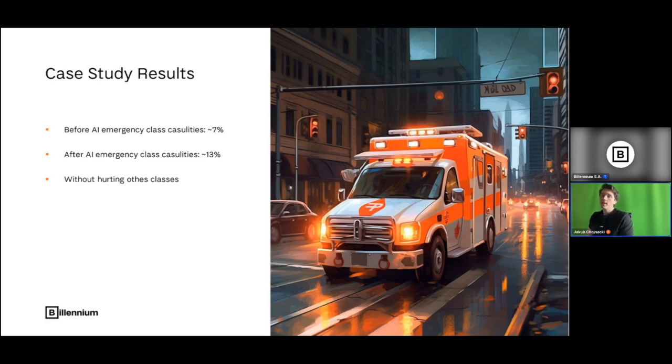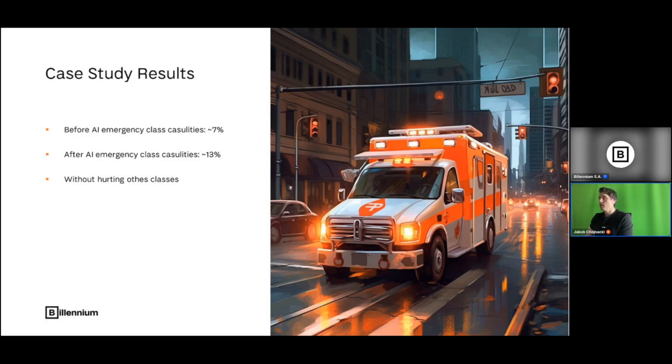And so the case study resulted in the fact that before the AI emergency casualties, the survival rate for the red class was about 7%, so it was pretty small. But after the implementation of generative AI into the system, the red class survival rate was about 13 percentage points.